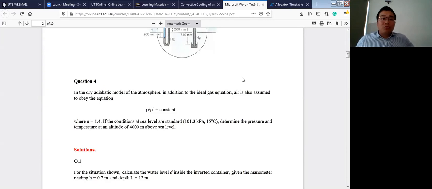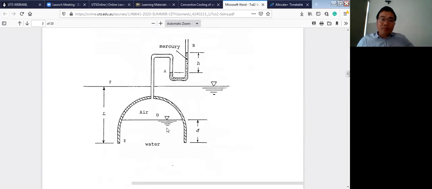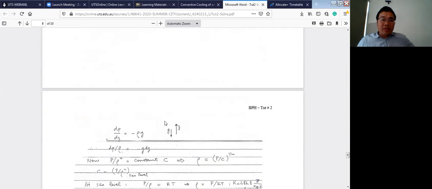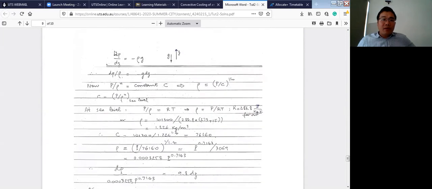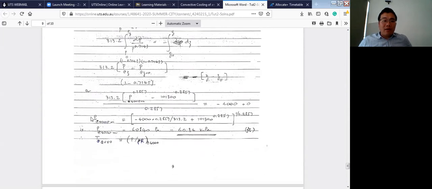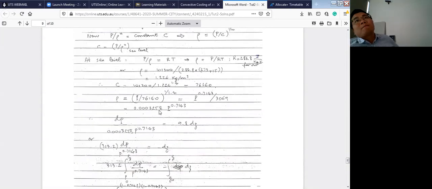It's similar to question 3 and question 2 here. And in the solution you have the details. You use dP over dz equal to minus rho g, and from the equation, you can find pressure.